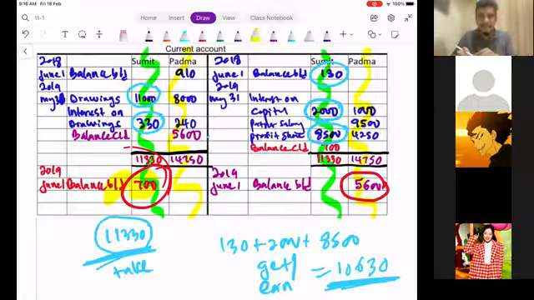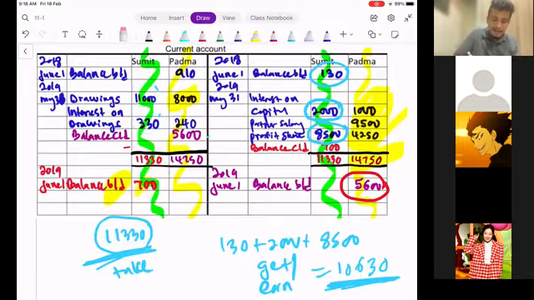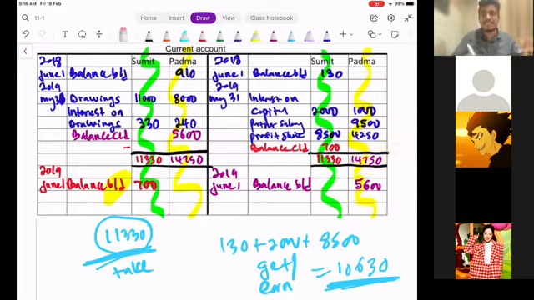And if you see Padma, her total here is 18,000, but she withdrew only 8,000. So now the business keeps Padma's money, 5,600. So the business owes Padma.